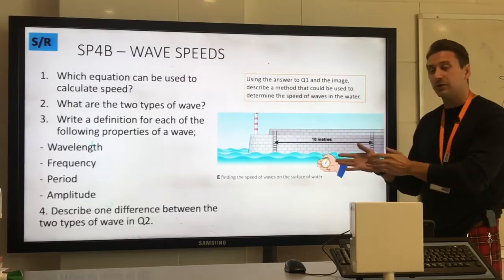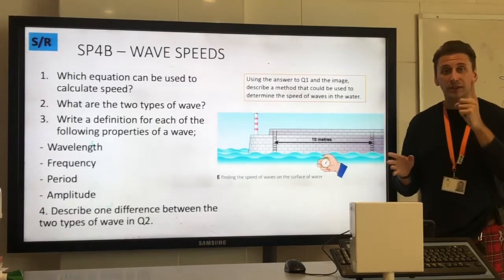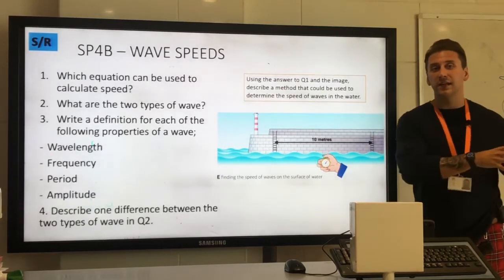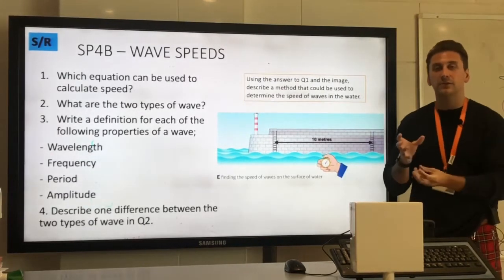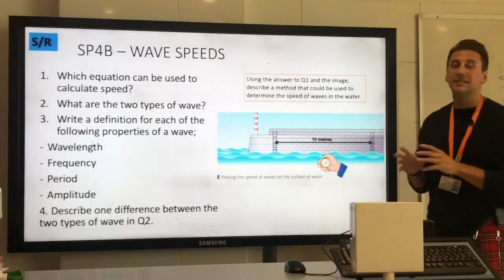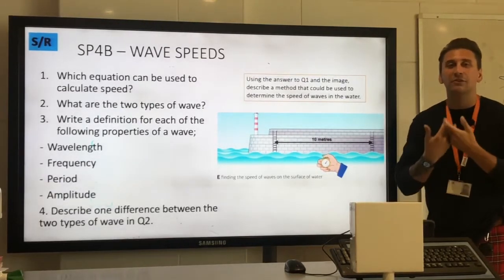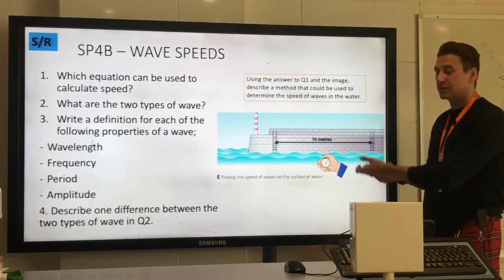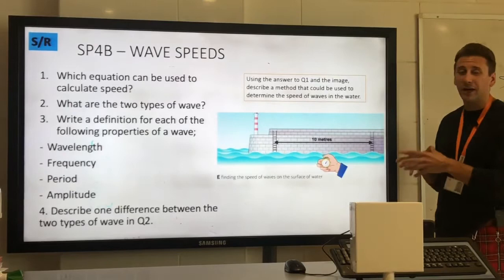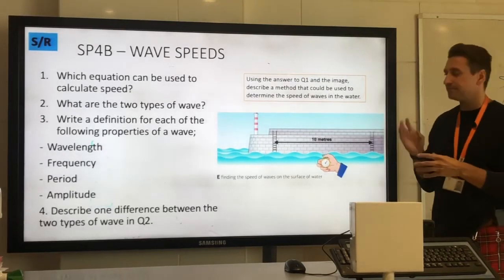If I want the frequency, which is the number of waves in 1 second, I divide by 20 seconds. So 10 waves divided by 20 is 0.5 hertz. So the frequency would be 0.5 hertz, and that is a more accurate value than measuring just the time of one wave or in 1 second for the frequency. So I have quite an accurate value of frequency.